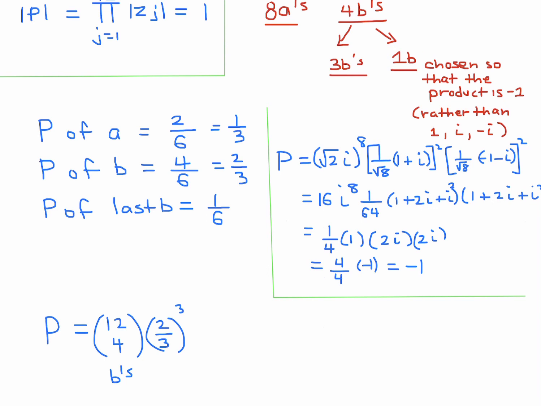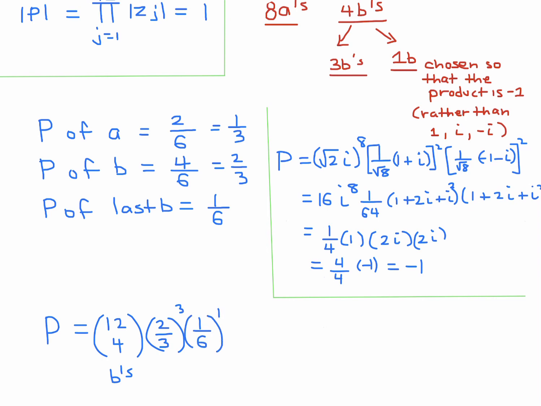But 1 has to be chosen in a way so that the product is -1. And that one has a slightly different probability. The regular B's have a probability of 2 over 3. Since there are 3 of them, I put a 3. But the special B, that's chosen so that the product is -1 rather than I or -I, that B has a probability of just 1 over 6.